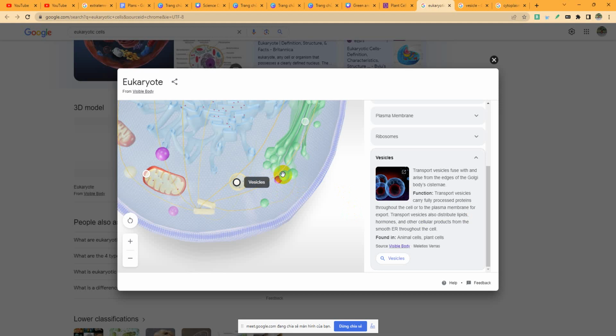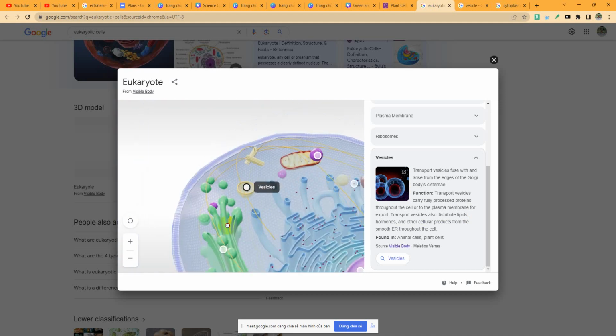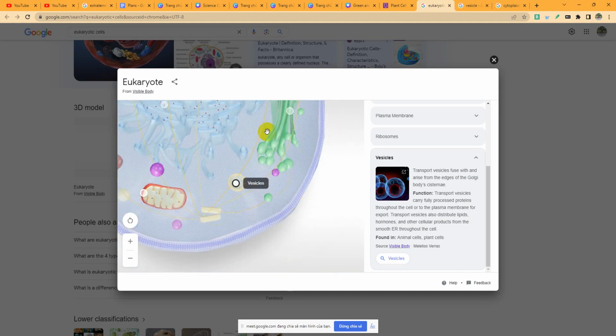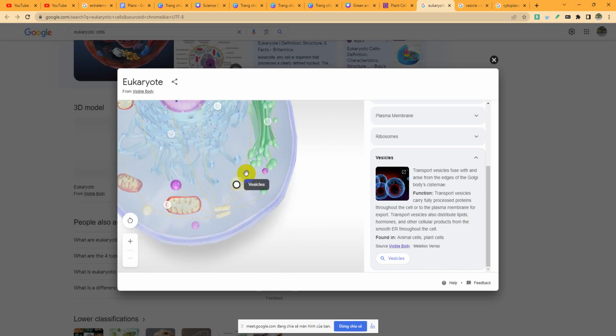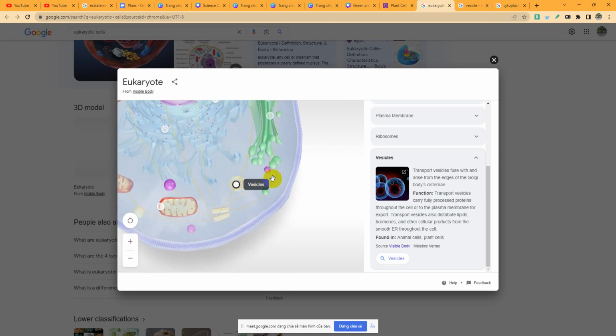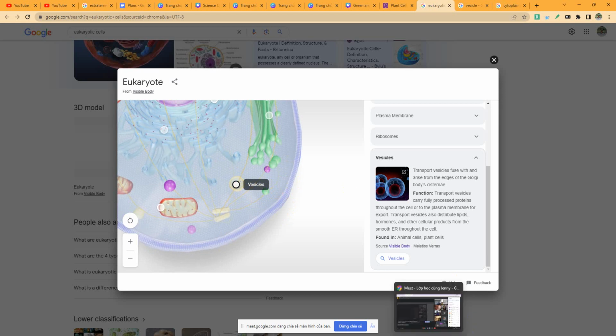Like for example, inside the cell. I think this is actually the human cell, not the plant cell, because I don't see any demonstration of, what is the right word? Chloroplast? Yes. We don't have the thing that is responsible for making food.